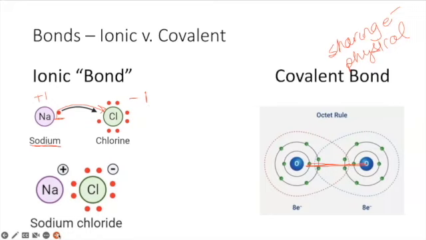And so now sodium, he's 1 electron down. So if we were to calculate his charge, he would have a plus charge. He has more protons than electrons. And chlorine now has more electrons than it does protons, so he has a negative charge. There's no physical bond here.